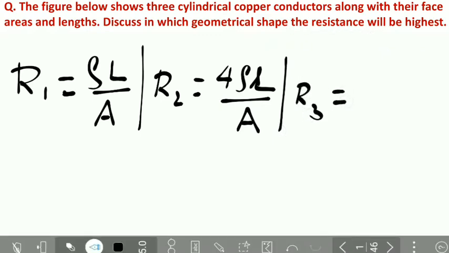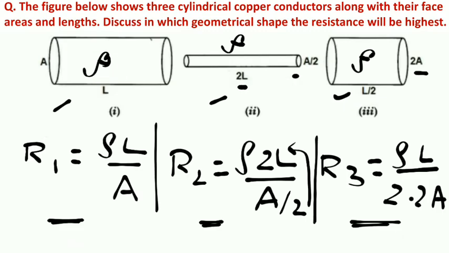In case of R3, watch here again. This 2 and this 2 multiply together to make 4, and this is 1 upon 4.